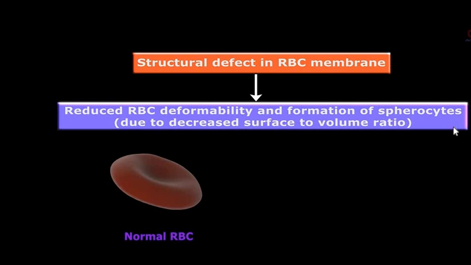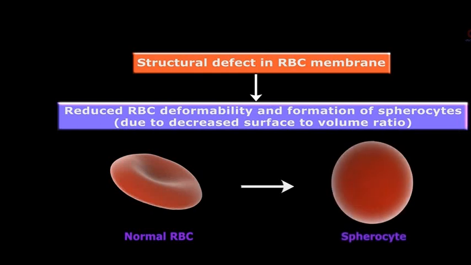So cell volume is relatively increased, and the RBCs attain the smallest possible diameter for the volume, and they become spherocytes. So this is the cause of formation of spherocytes.